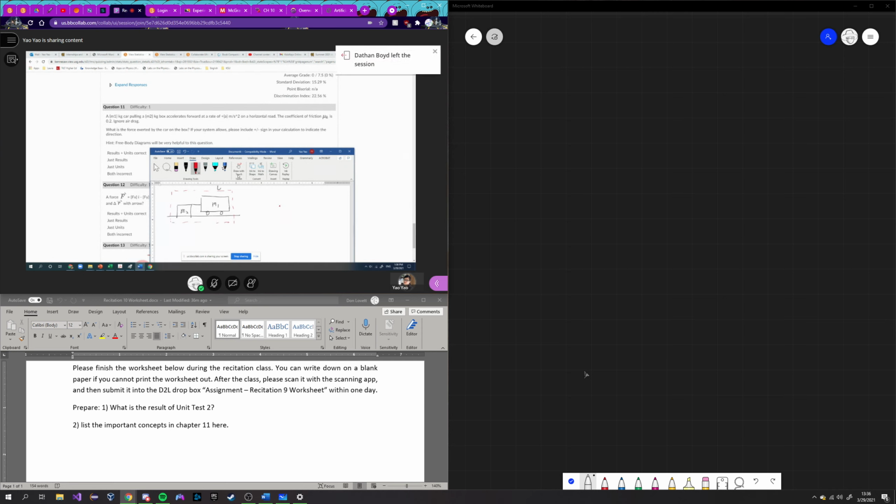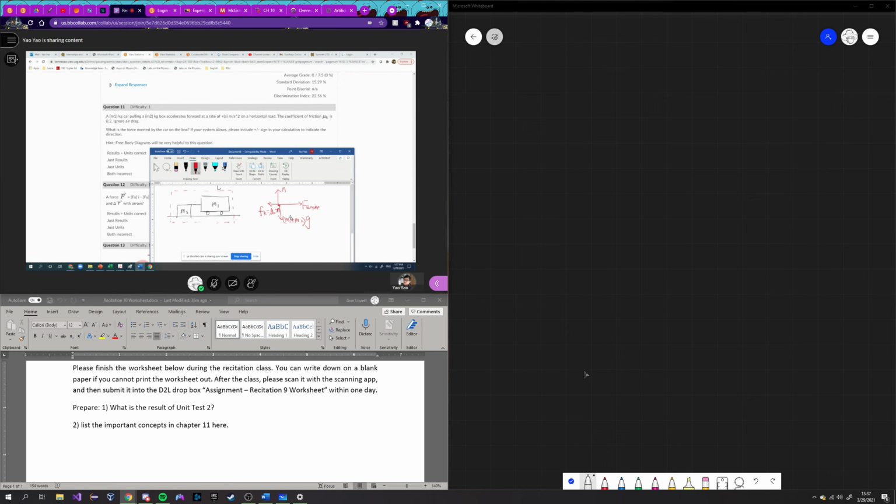In that case, you will analyze that it receives a gravity force, a normal force, which equals the gravity force, a force provided by the engine, and a friction force. And this friction force equals mu k, 0.2, times the total normal force.